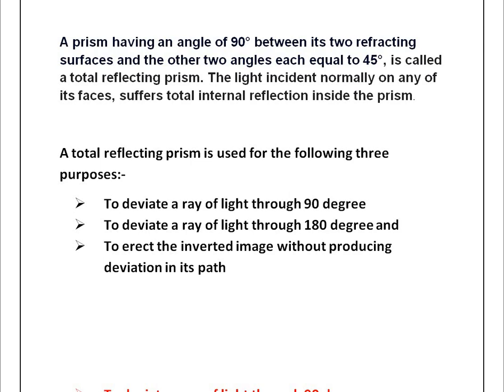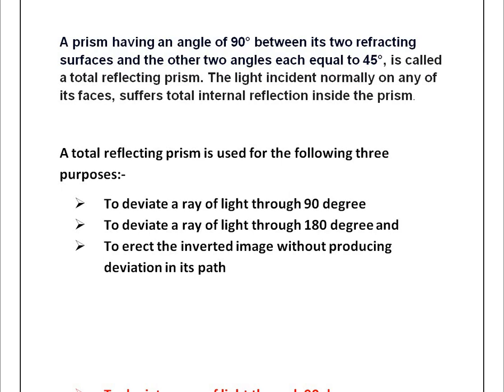Due to this behavior, a total reflecting prism is used for the following three purposes: to deviate a ray of light through 90 degrees, to deviate a ray of light through 180 degrees, and to erect the inverted image without producing deviation in its path.